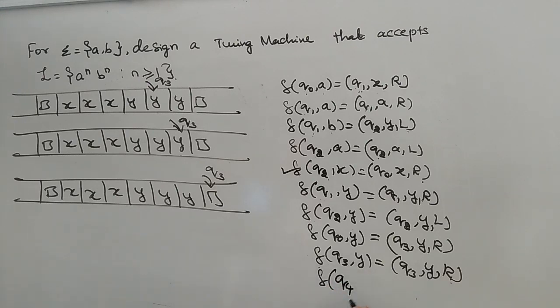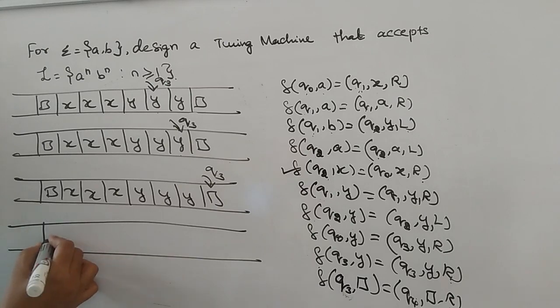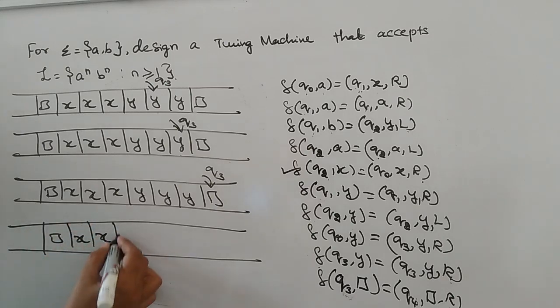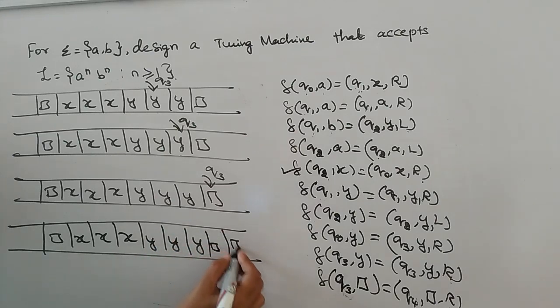So we can write the transition as: if the machine is in the state Q3 and the symbol is blank, we write Q4 comma blank comma R. Okay, so again we are going to draw X, X, X, Y, Y, Y, blank, and the next cell will also be blank only, Q4. Since it is pointing to the blank symbol, again we can end the transition with this one.